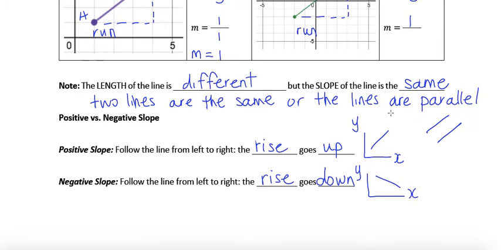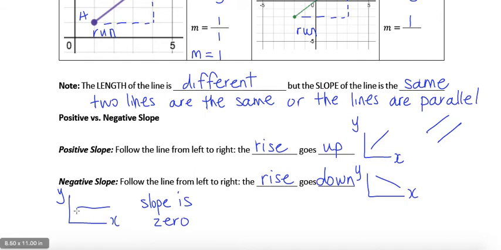You may also remember learning about the slopes of vertical lines and horizontal lines. A horizontal line has a slope of 0, because you're not going up or down. It's like walking on a flat surface. It's easy.